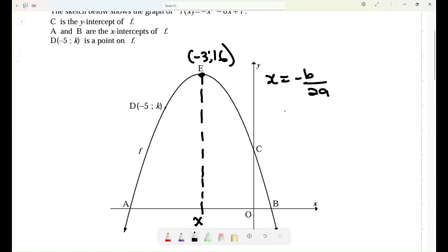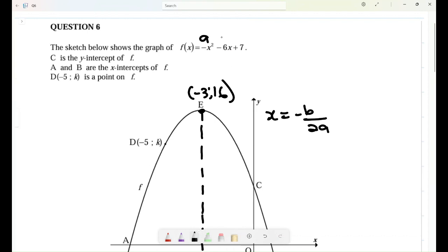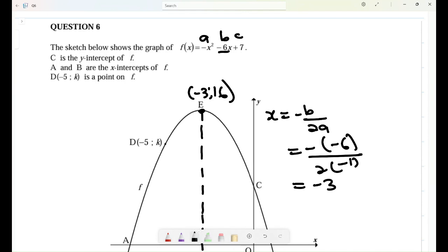Remember this is a, this is b, this is c. B is negative 6, so negative of negative 6, over 2 times a, where a is negative 1. So 6 divided by negative 2 is negative 3.